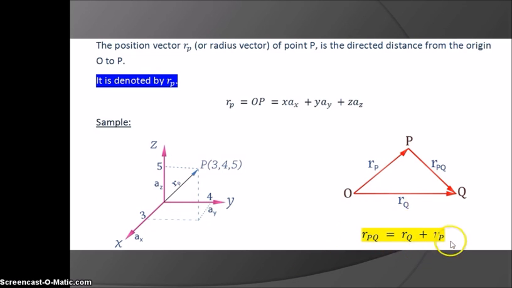To solve some position vector problems, you might be given each of these parameters, and you must learn how to write the equation, which is this: RPQ is equal to RQ minus RP. It's very straightforward. It's just the addition of vectors as we did before.